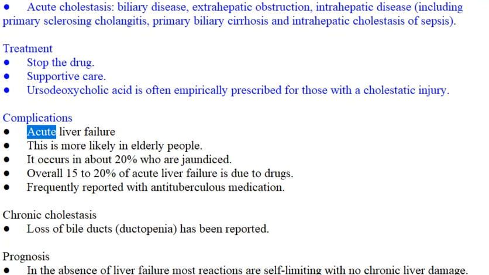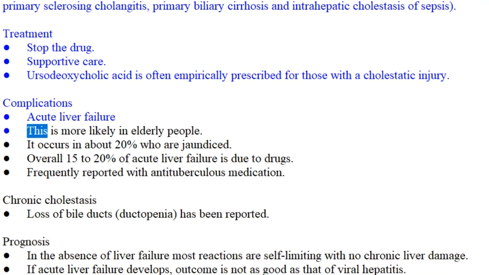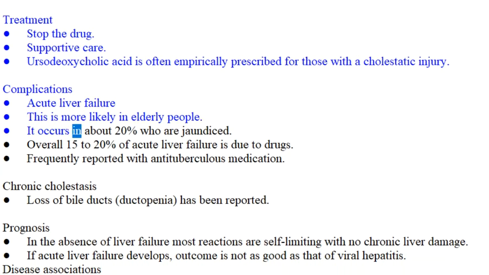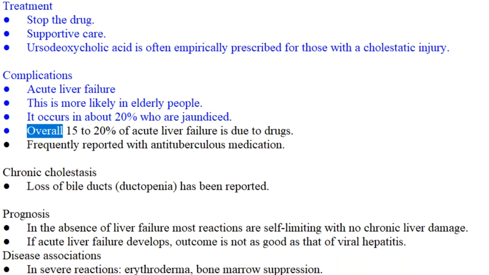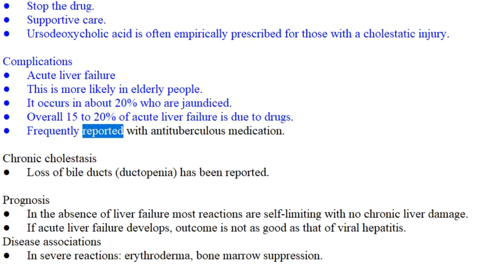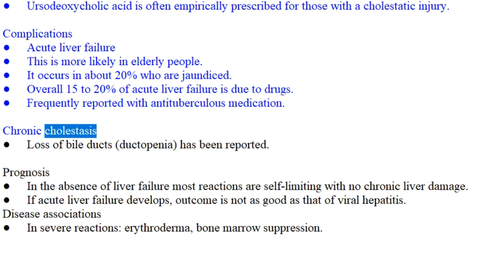Complications. Acute liver failure. This is more likely in elderly people. It occurs in about 20% who are jaundiced. Overall, 15 to 20% of acute liver failure is due to drugs. Frequently reported with antituberculous medication. Chronic cholestasis.